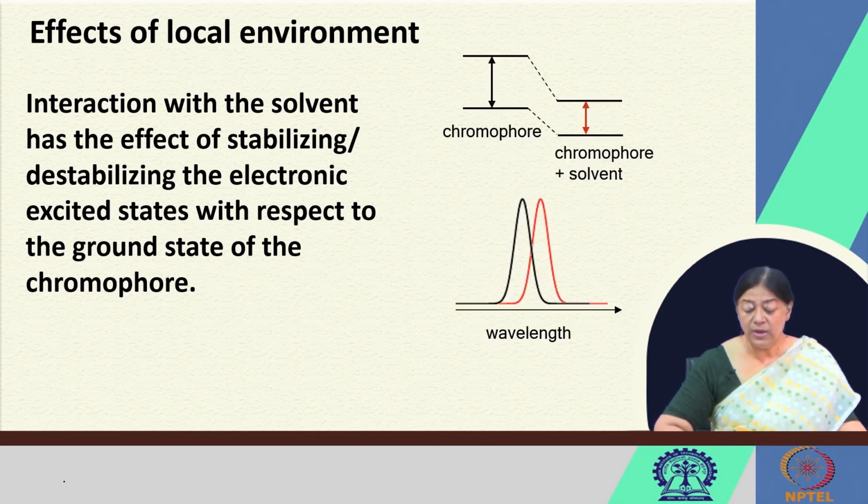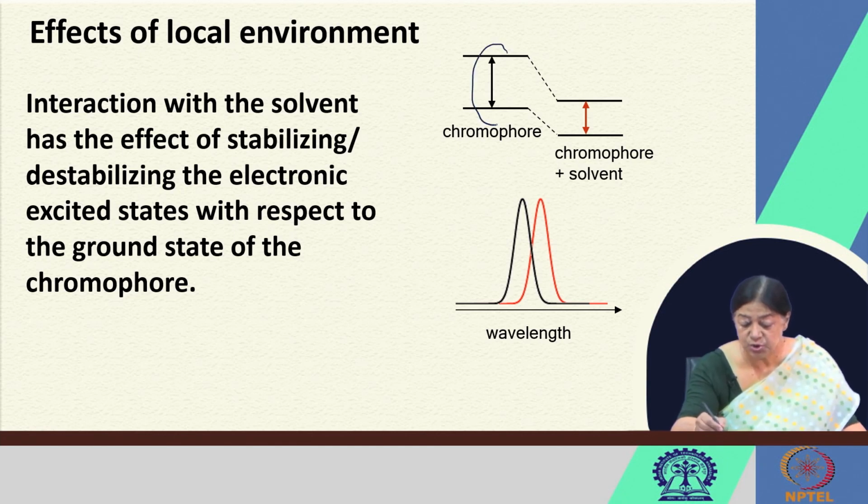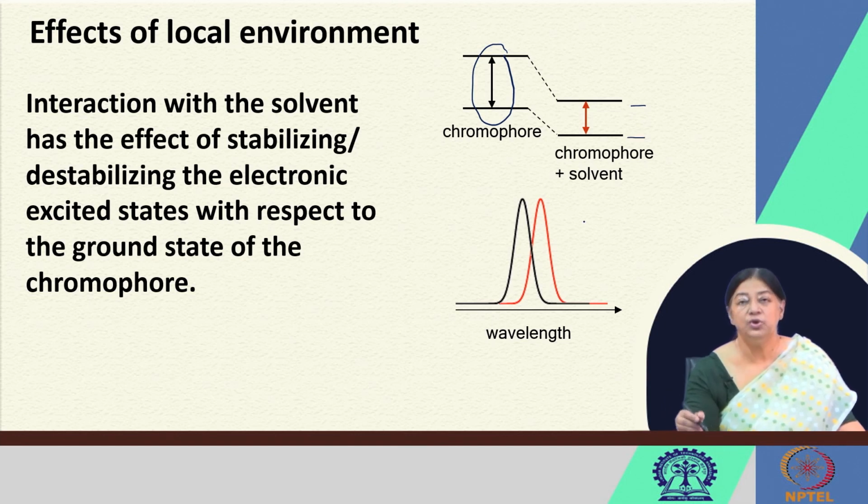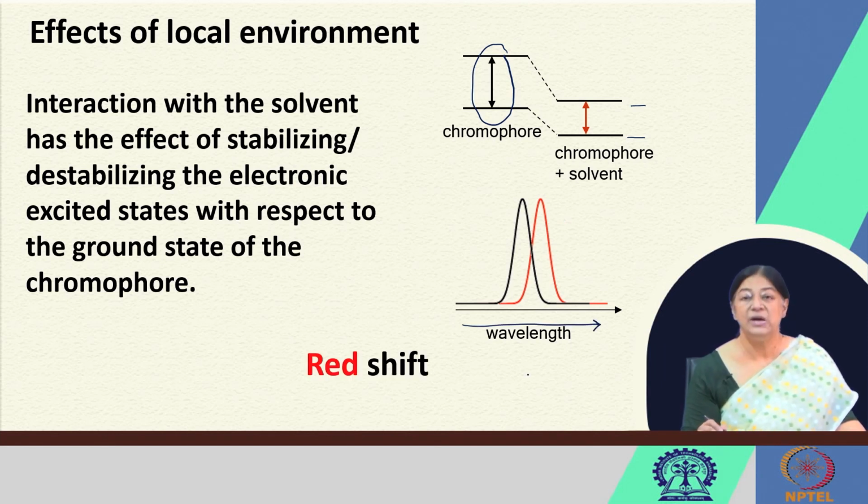Interestingly, when we look at a specific chromophore that has a specific transition shown here, and we have the chromophore and the solvent that are stabilized, meaning they have lower energy difference, now what is going to happen is they are going to shift to a longer wavelength. This is referred to as a red shift.